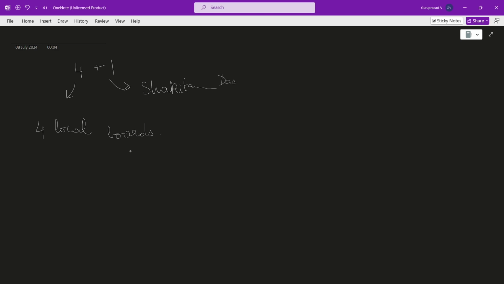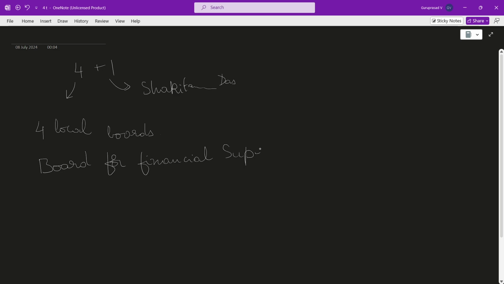Okay. Apart from the central board of directors, we have something called the Board for Financial Supervision. You might have known or not known, but I will tell you about this one. Board for Financial Supervision, shortly known as BFS, was constituted only in November 1994.